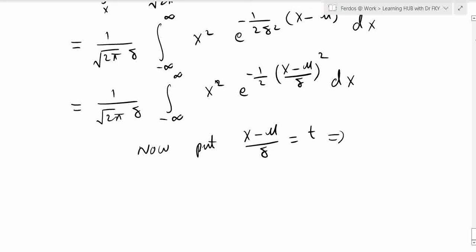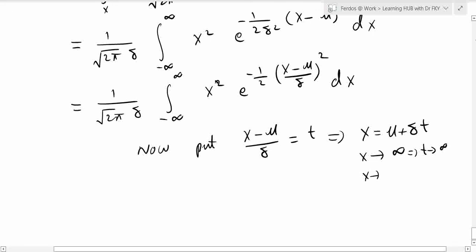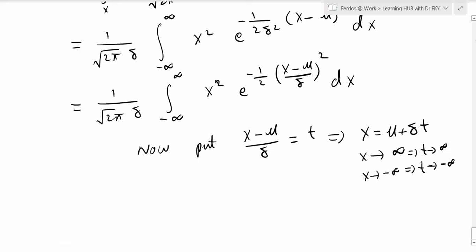This means that x is equal, because we need these terms in terms of x, so I need to calculate x, that is equal to mu plus sigma t. And remember that when x takes value infinity, t takes value infinity, and when x takes value minus infinity, t takes value minus infinity, so the range remains the same.